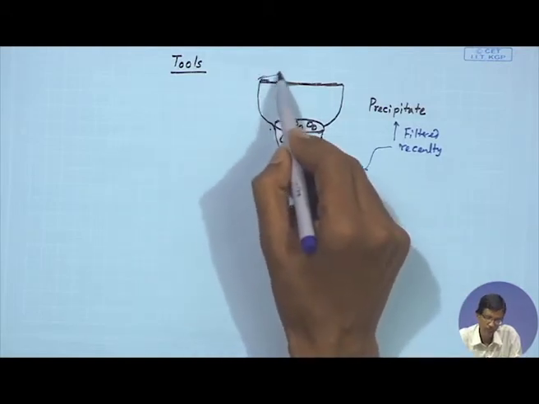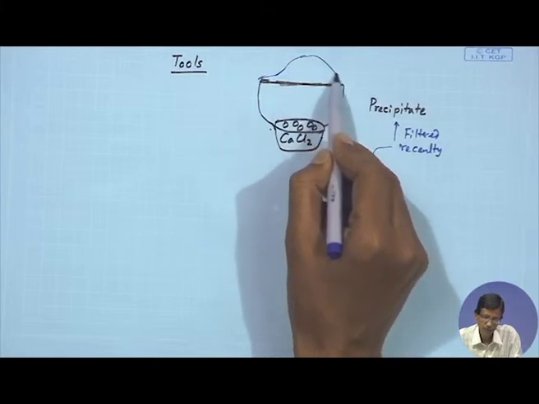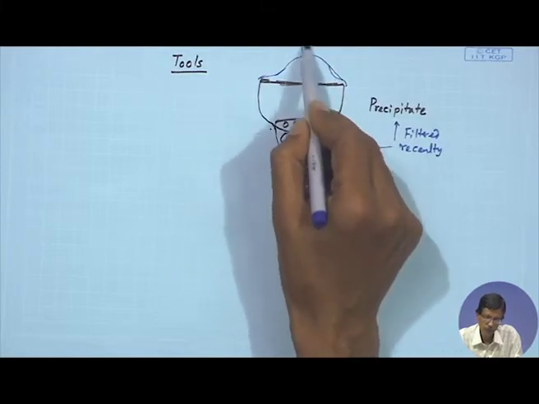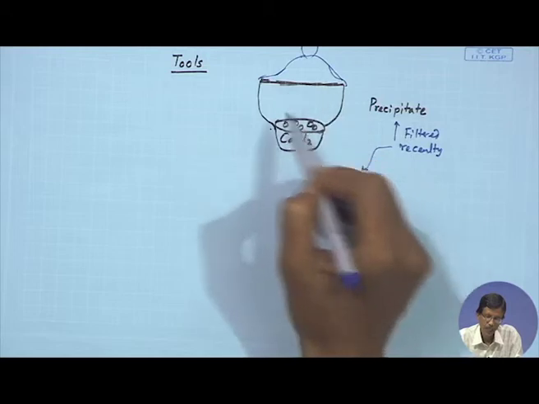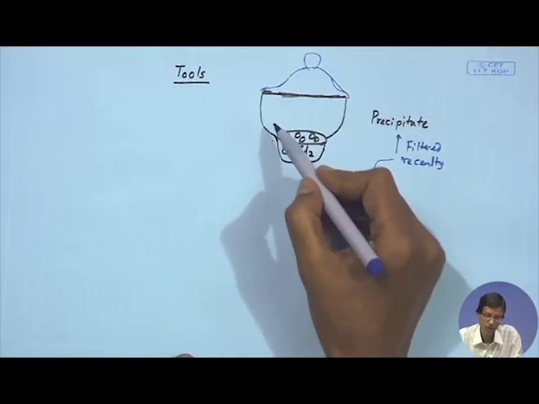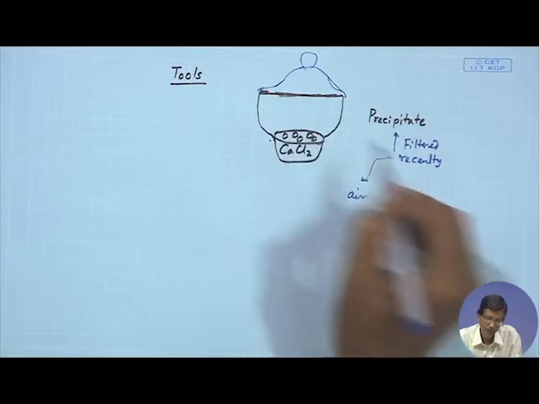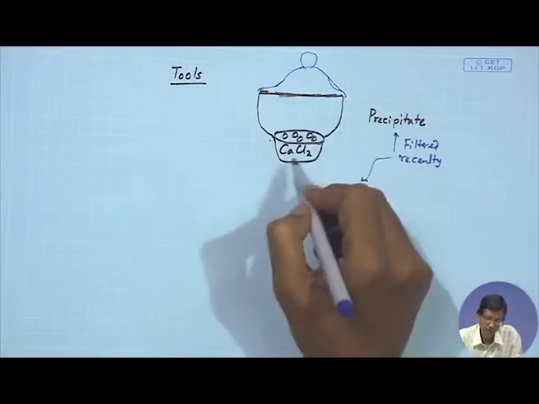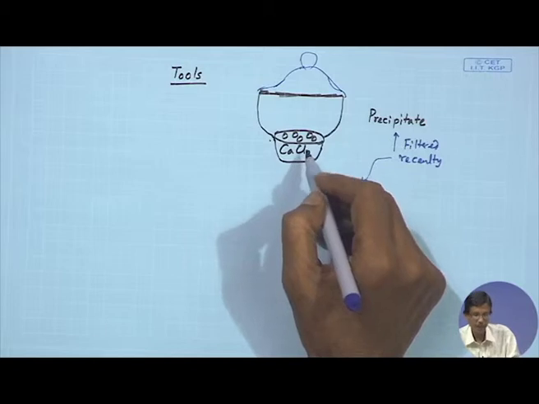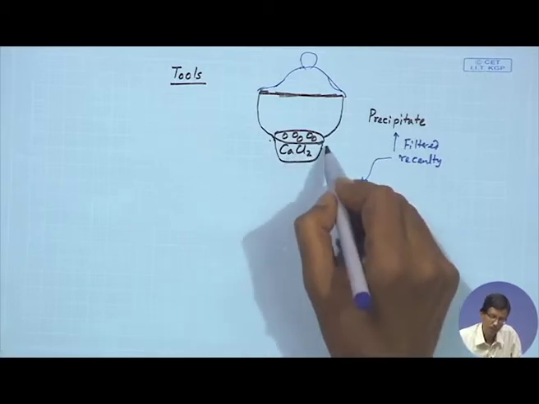So, in this desiccator you open up the cover and put this material over there. If this is not enough, that means calcium chloride has some limited capacity to trap moisture.